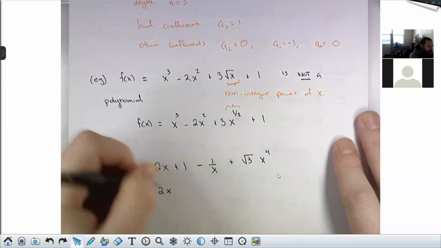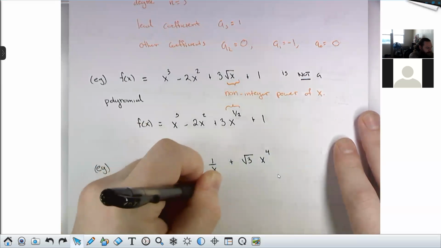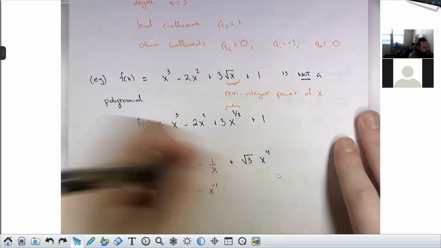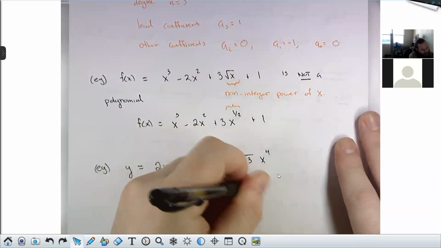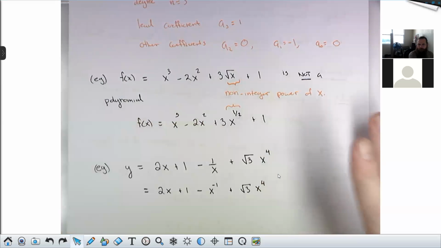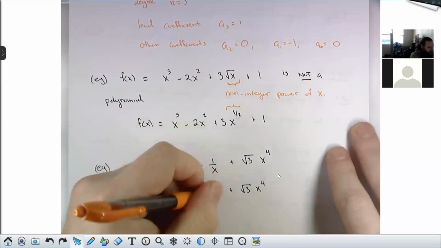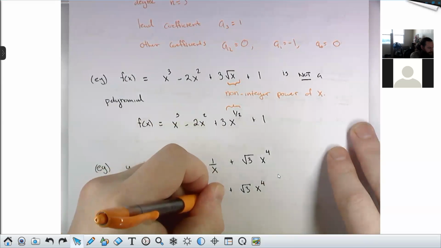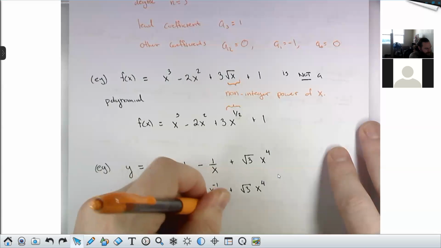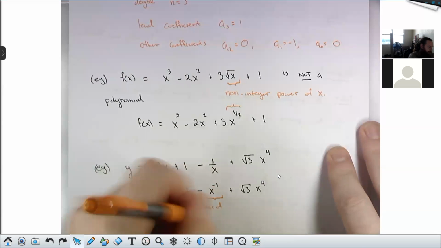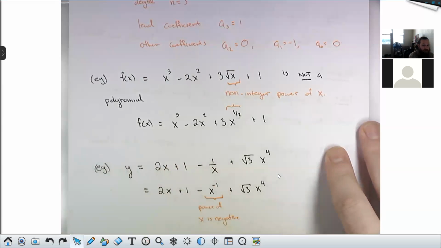So the 2x is fine. The +1 is fine. -1 over x, that's minus x to the -1. That's a problem. And then plus the square root of 3 times x to the 4th. So we've identified this term as being a problem, right? Here the power is negative. That's no good.